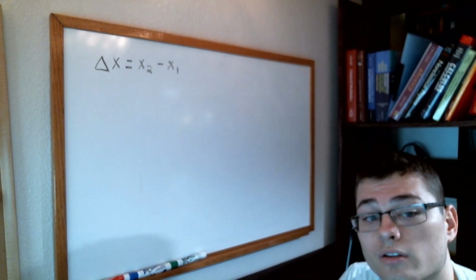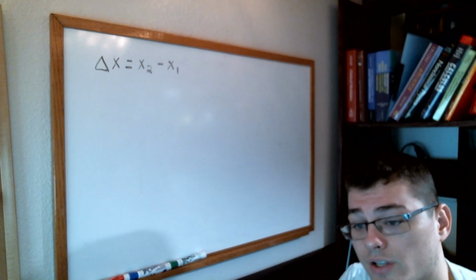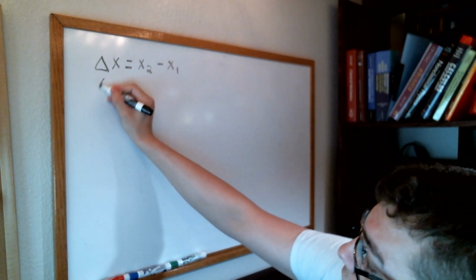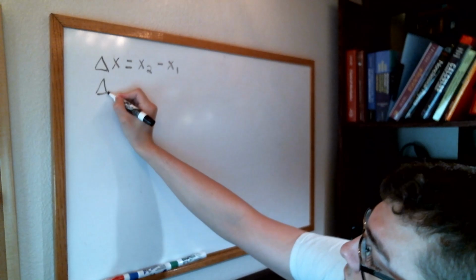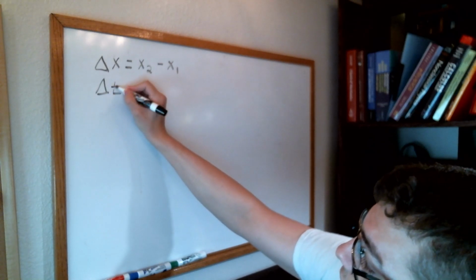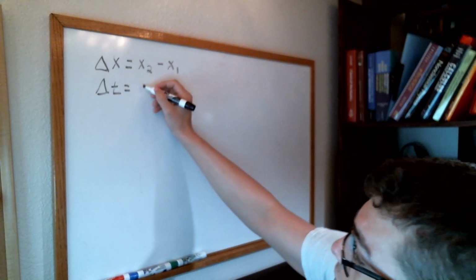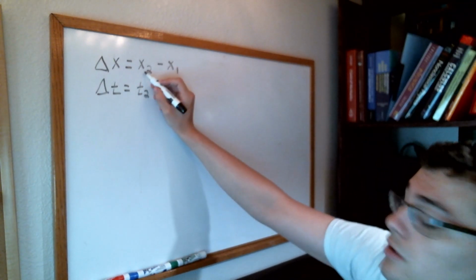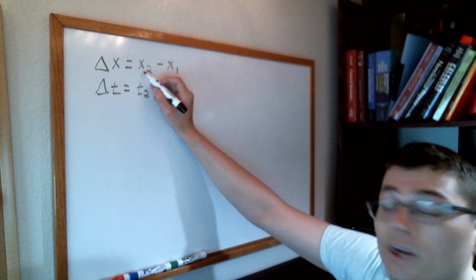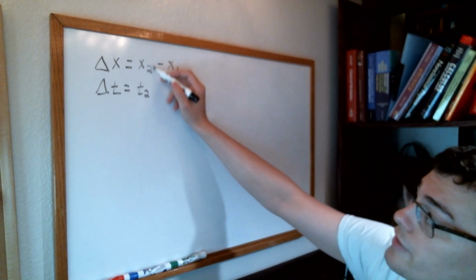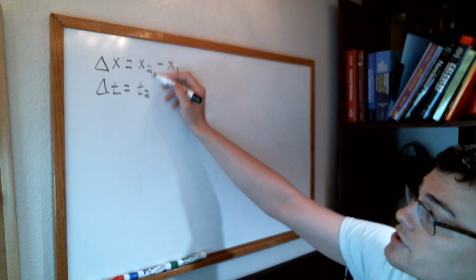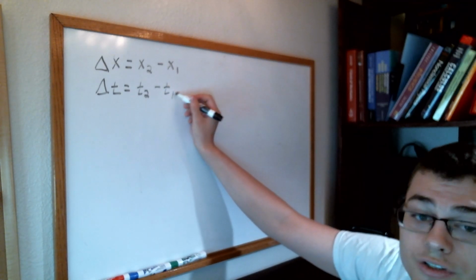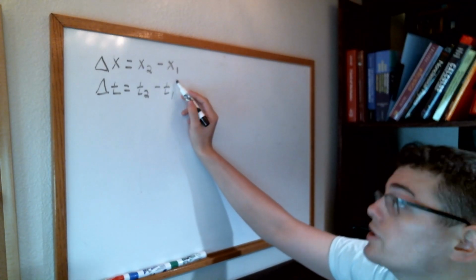So that'll be our average velocity. So here what we can do is we can say, all right, well, then delta t, or the difference in time between 2 points. So this is going to be t2, which is going to be the time at which we arrive at this second position, minus t1, which is going to be the time at our starting position here.